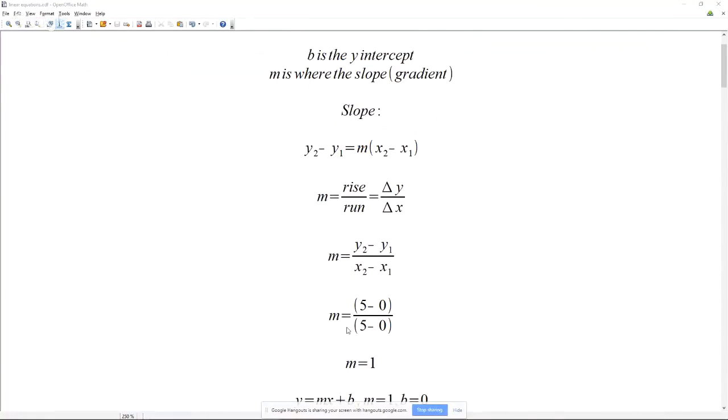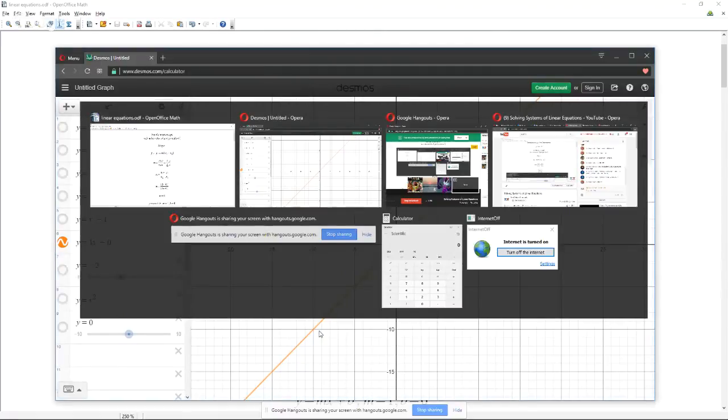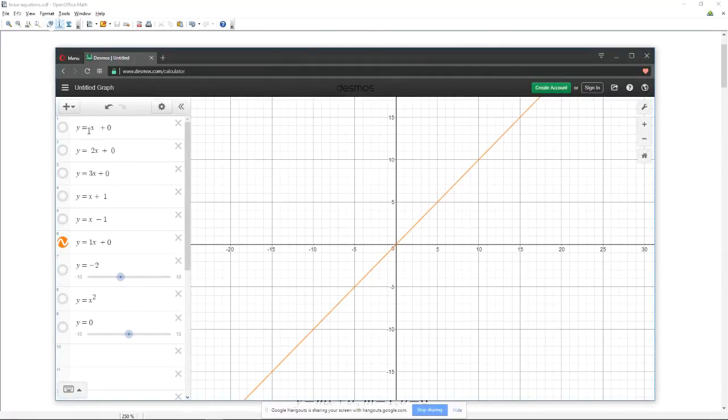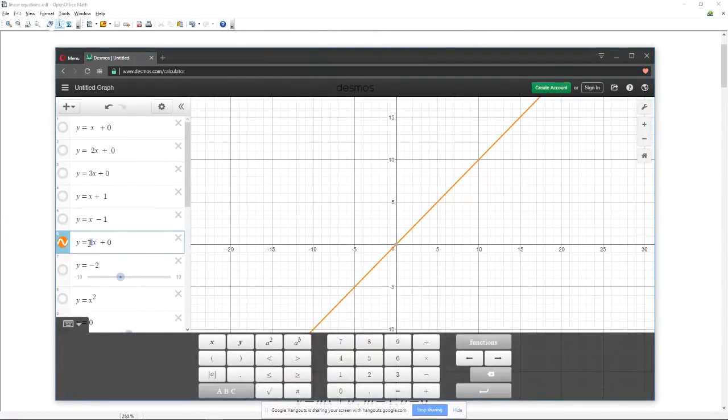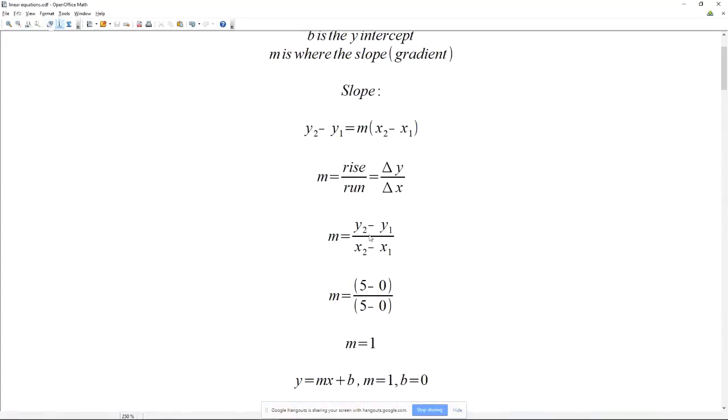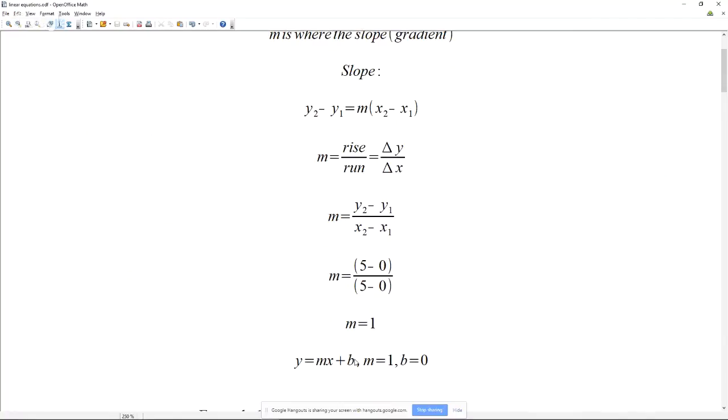It's 1, right? Exactly. Because my slope is 1, which is my coefficient right here and right here. So my slope is 1, but that literally means what I'm showing you right here. When I take the difference, the delta of the two positions of y over the two positions of x, I end up with the slope. So here is the complete formula of y equals mx plus b.